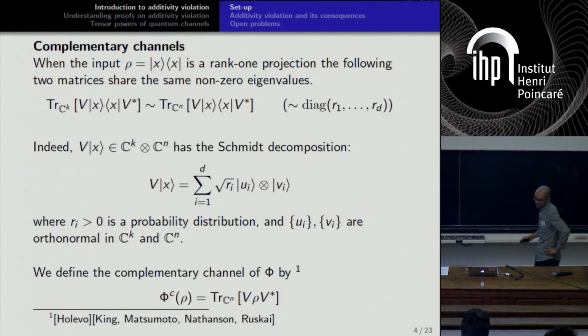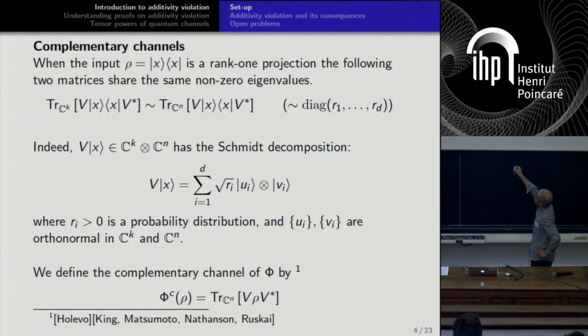Let's try to take a pure state as input, and this input will be embedded by this isometry V into a larger space. What would happen when the input is just this kind of rank 1 projection? V times this vector x will be decomposed by Schmidt decomposition this way.